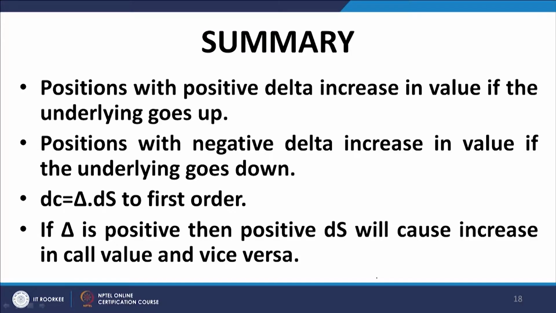If delta is positive, then dC would be positive if dS is positive, and dC would be negative if dS is negative. So, positive delta, positive dS gives you a positive value for dC. In other words, if you have a positive delta portfolio and the stock price increases, the value of your portfolio increases, and vice versa. Call delta increases with increases in the stock price.